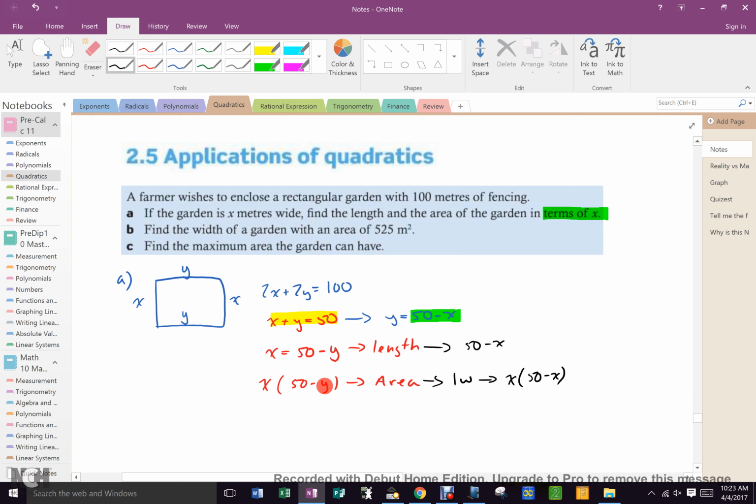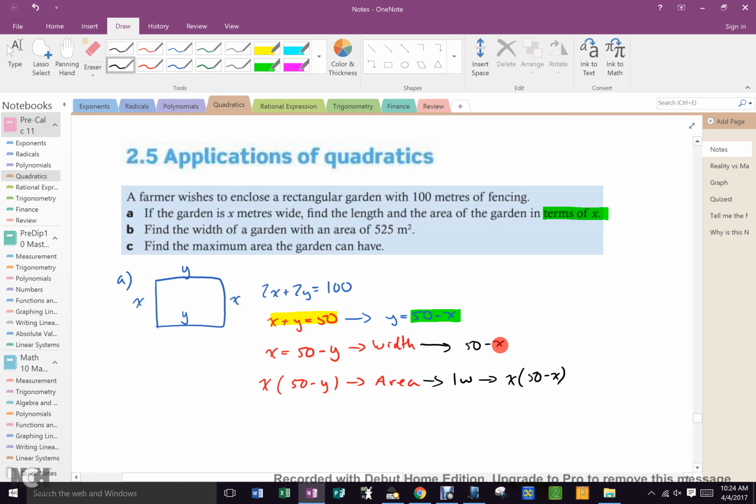I don't need x. This should have been y. Right? Because length times width. I needed this to be my length. This should have been x is 50 minus y. Okay, got it. So that should have been width. There we go. Now we're fixed up. Is everybody cool?